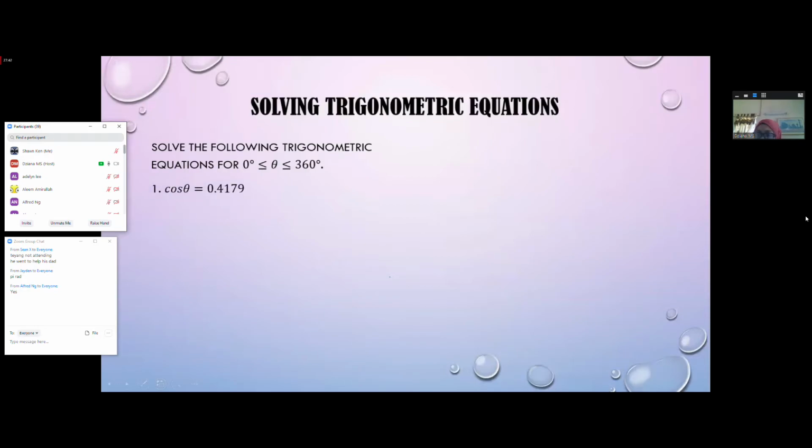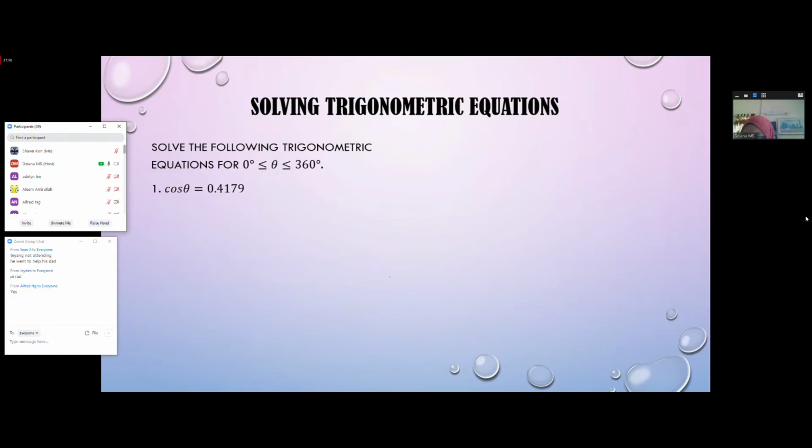Solve the following trigonometric equation for theta between 0 and 360 degrees, meaning one complete rotation. cos theta equals 0.4179.